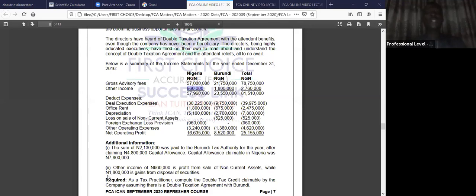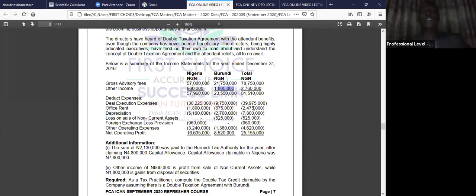And they said, this 1,800,000, which is this here, is gains from disposal of securities. Your securities has to do with your financial raising of capital and all that.